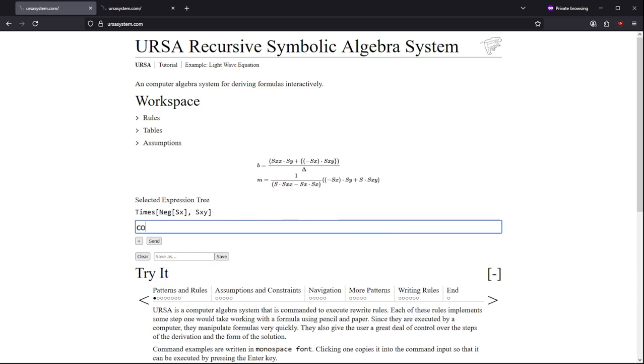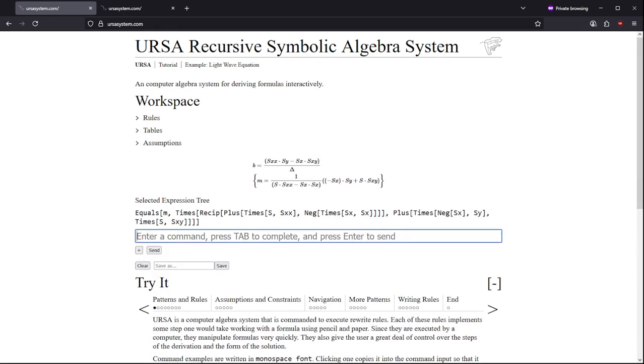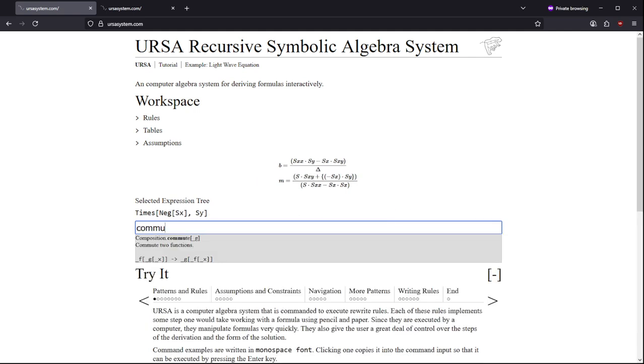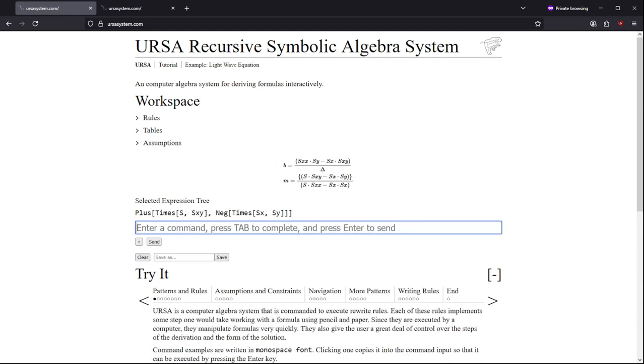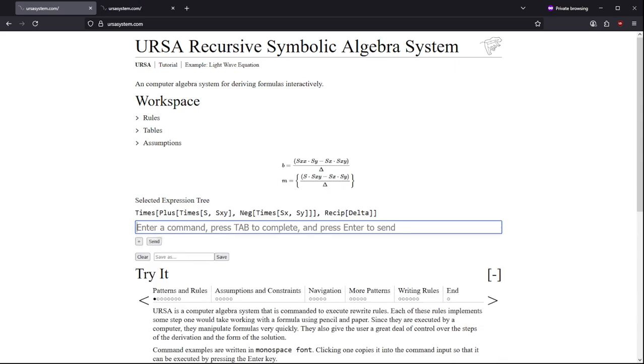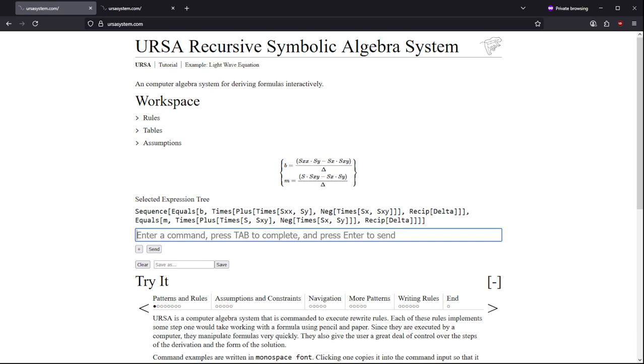And then I will commute out the negative. Do a similar thing down here. Swap these terms, pull out a negative, and substitute delta. So now we've got formulas for b and m.